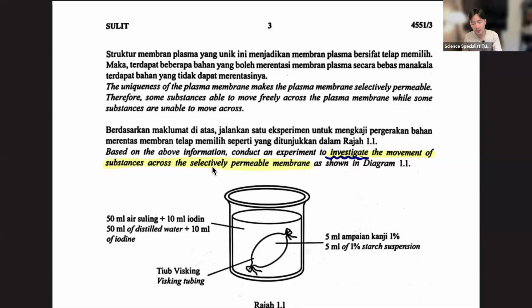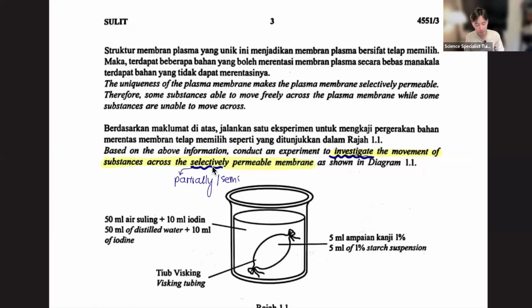You can write selective permeable, or they will use something similar, partially permeable. I always like to use partially. That means some substances can pass through, some substances cannot pass through. Or if it's not partially permeable, what else can they say? Semi-permeable.